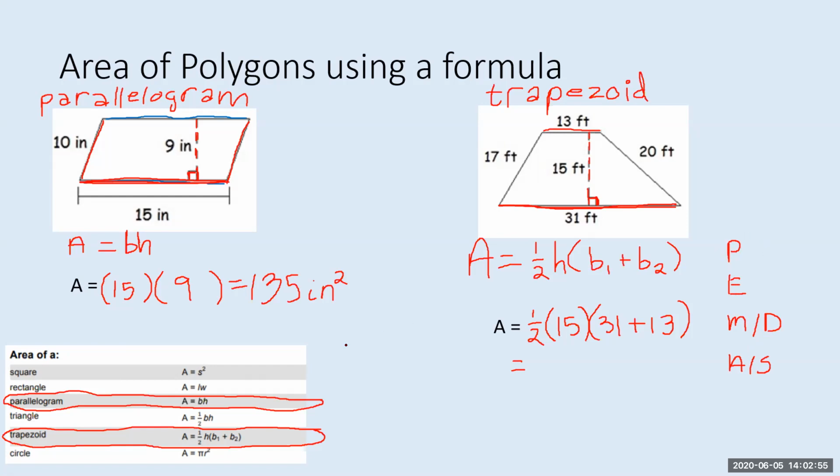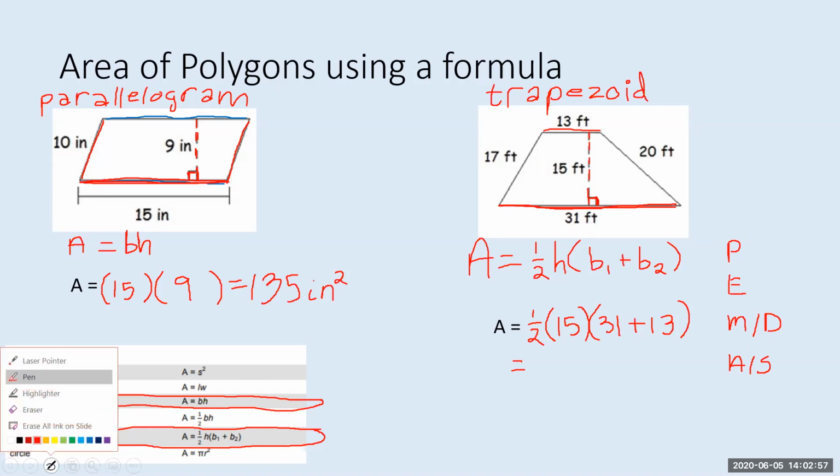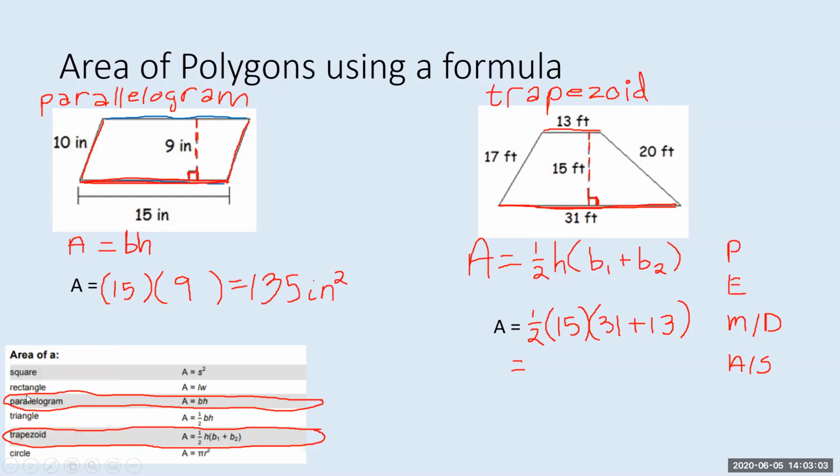The first one is parentheses. So that means any calculation that is sitting inside of parentheses, we want to do that first. So for this calculation, that means we want to do this addition that's sitting inside the parentheses first.